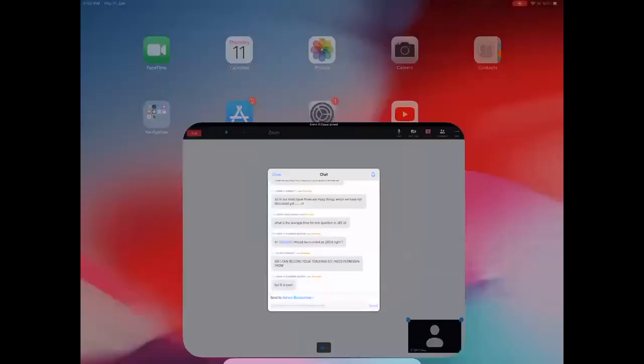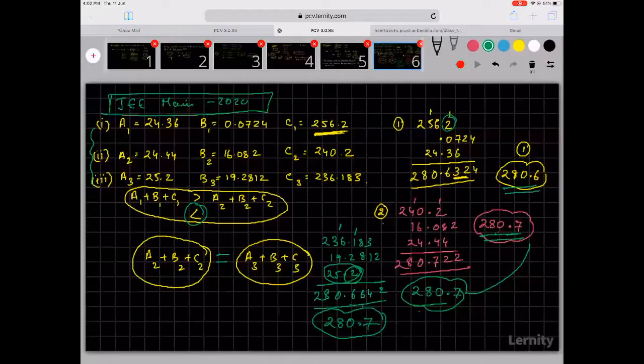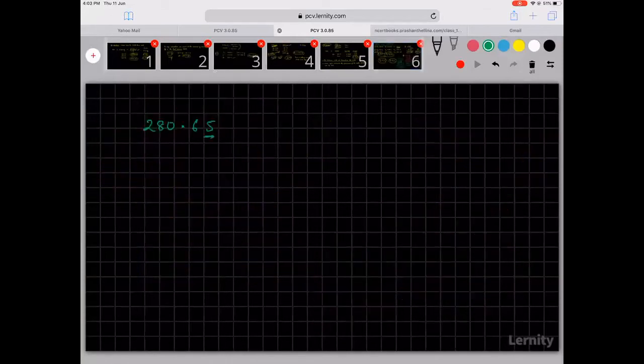Okay, I'll explain to you again. See, it is 280.65. Only when there is a 5, I need to think about it. When it is more than 5, I don't have to bother about it at all. 0.66, I don't have to bother. 0.67, I don't have to bother. Only when it is 0.65, it is unfair to take it to the next level, because then you are going to gain one additional point here, right?